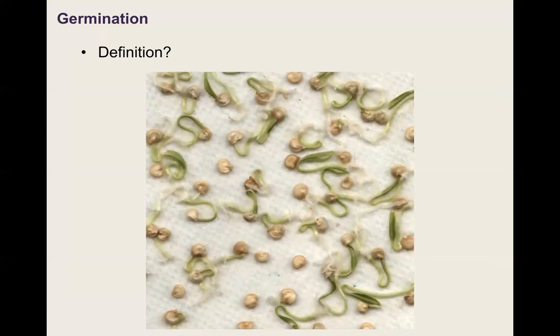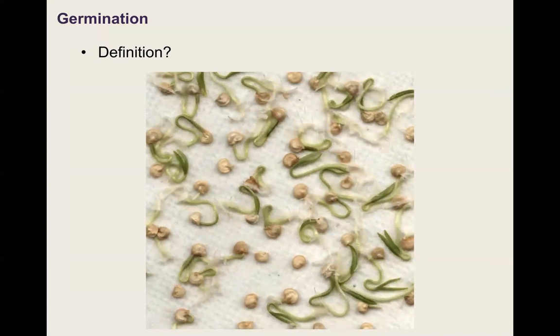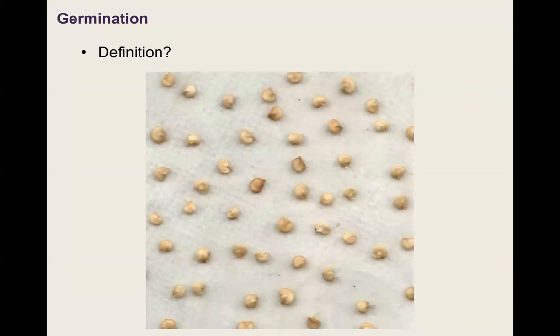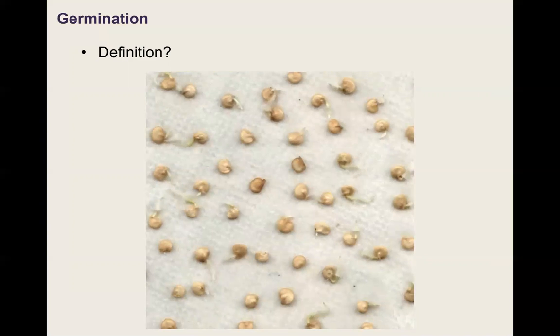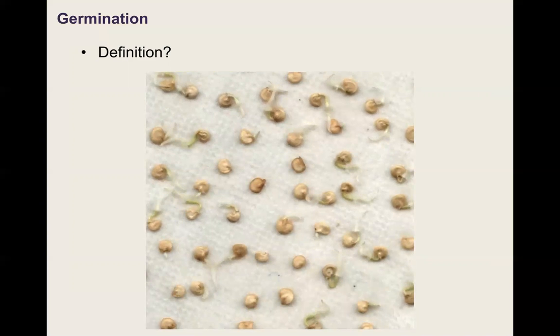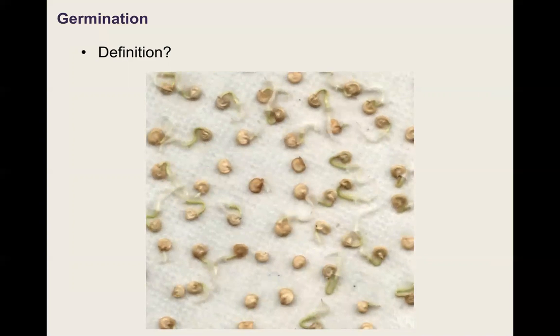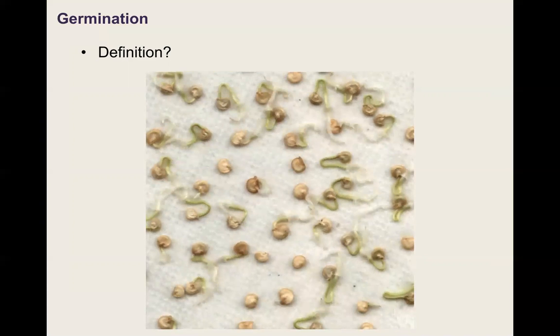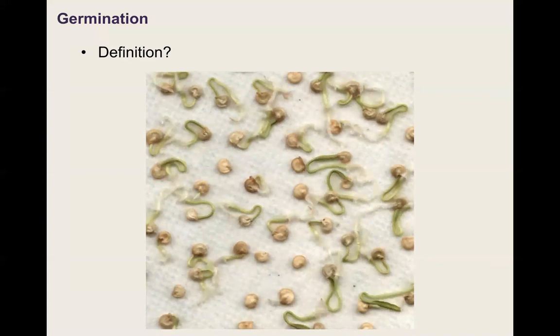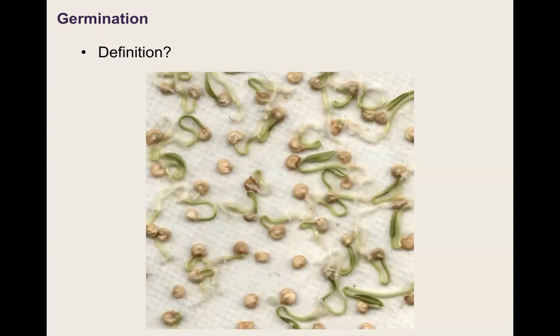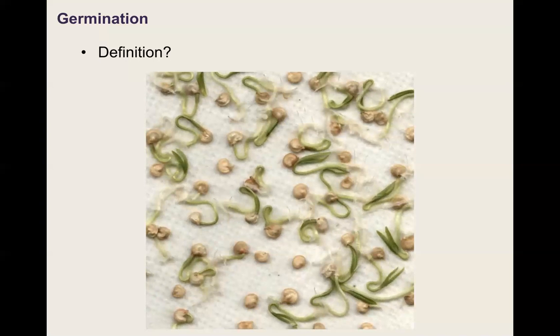If you want to watch this, there are individual seeds germinating there. The white part comes out first, that's part of the root. Later the green parts come out, and on some of these you can see the seed leaves. So anchor first, light seeking second, for the most part.